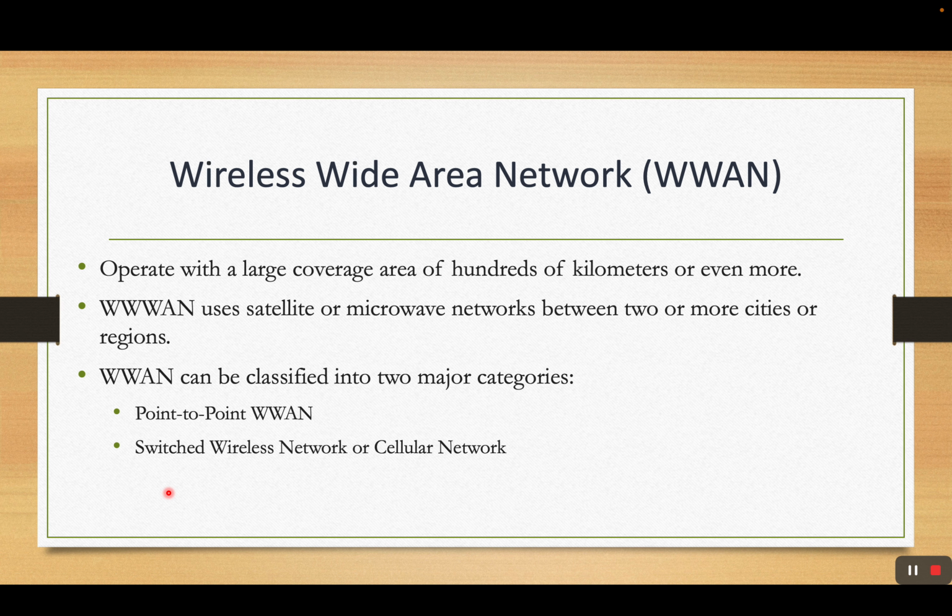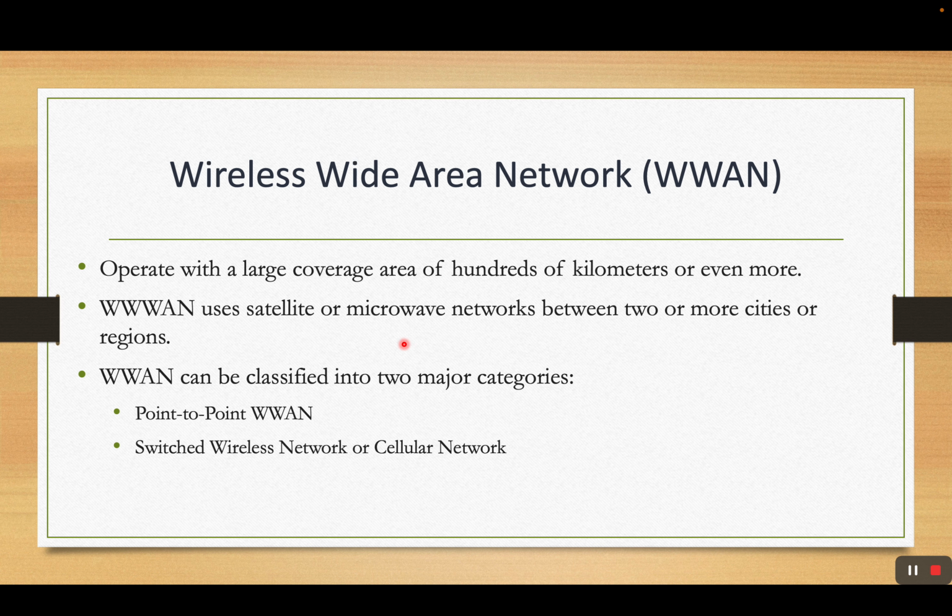Now, the first one we're going to talk about is the wireless wide area network. It operates in a very large coverage area of hundreds of kilometers or even more. It uses satellite or microwave networks between two or more cities or even regions.